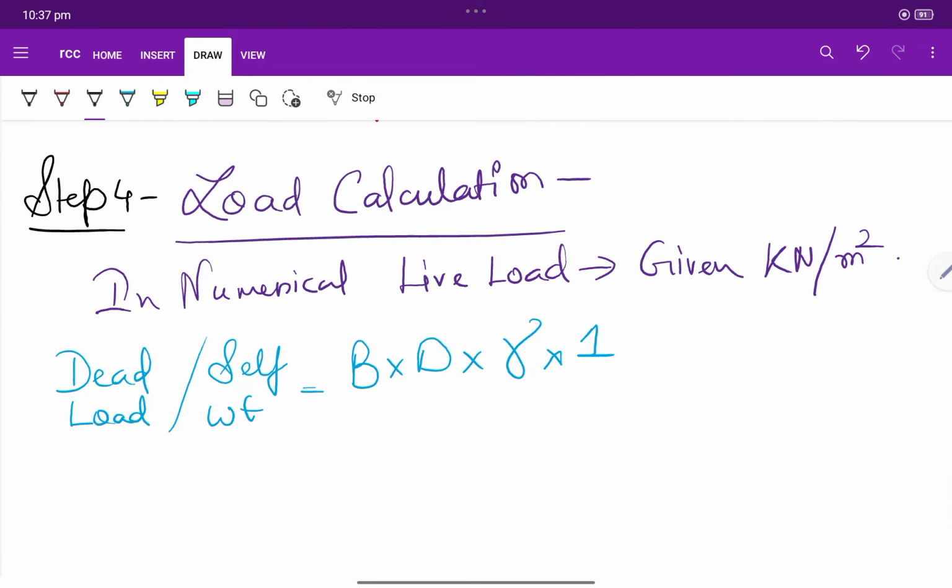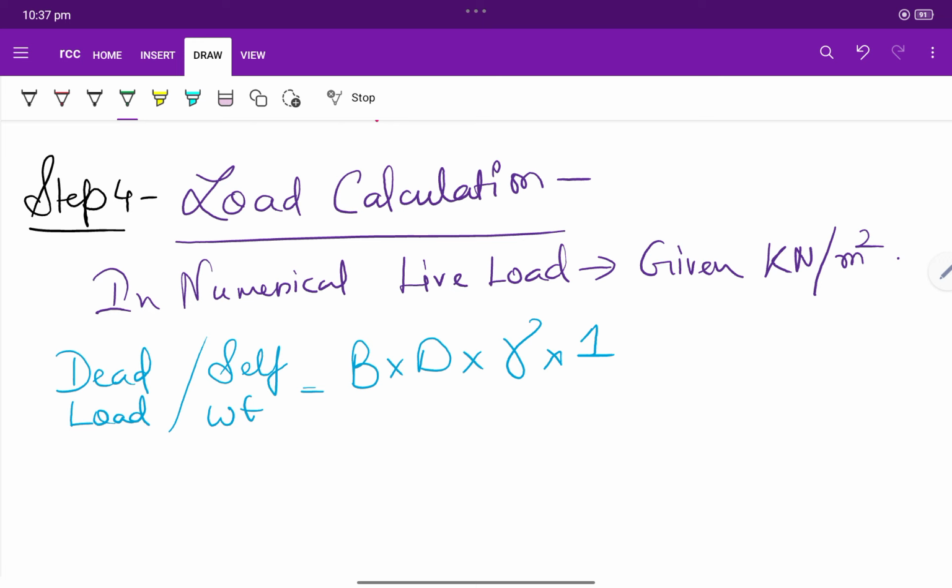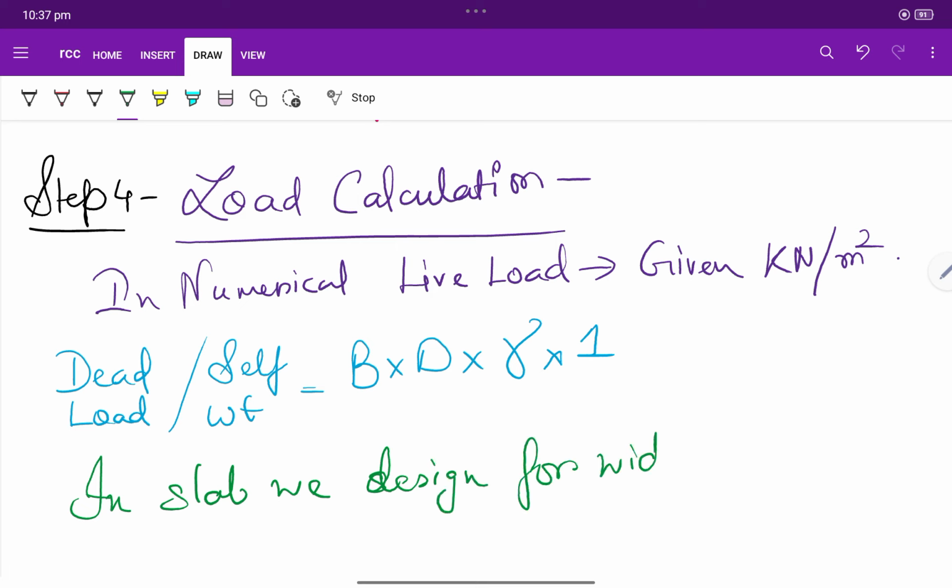There is one very important point we have to remember. In a slab, we design for a width of 1 meter, or 1000 mm, that is B is equal to 1 meter.